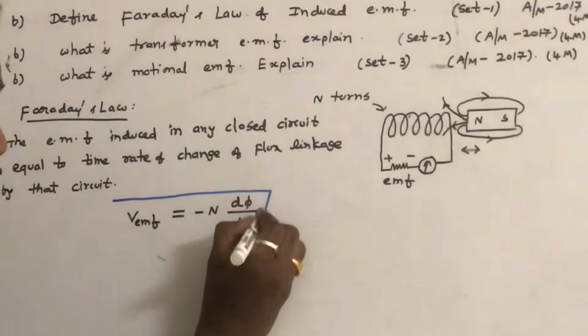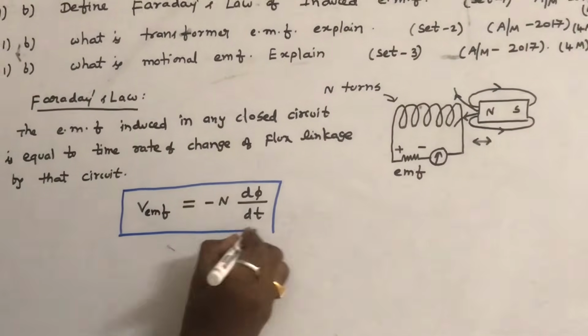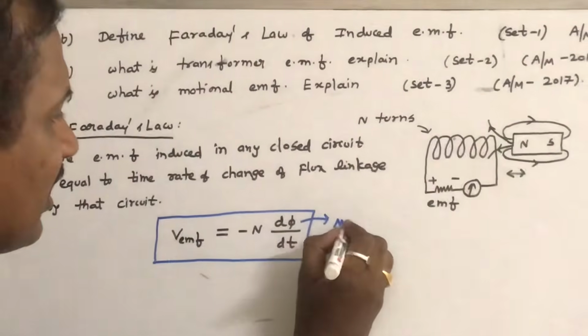Where n is the number of turns of the coil, and phi is magnetic flux.